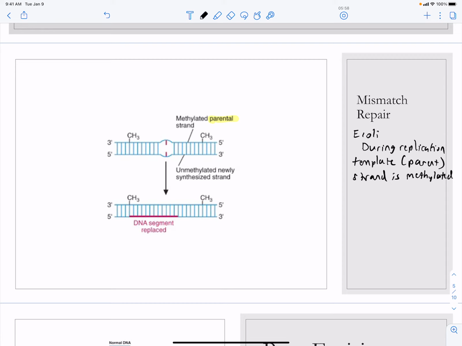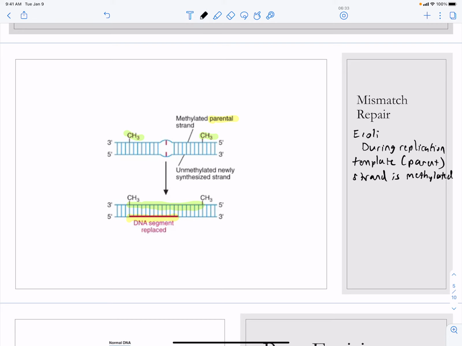But in a short period of time after replication, if there is an error, your enzymes can identify the parent strand through these methylated bases. And those methylated bases are shown here on the parent strand. And so it's important because the parent strand remains unaltered and the new strand is changed. So that template strand always stays intact, and that's to, of course, maintain fidelity. And so your new strand is going to match your template or parent strand.